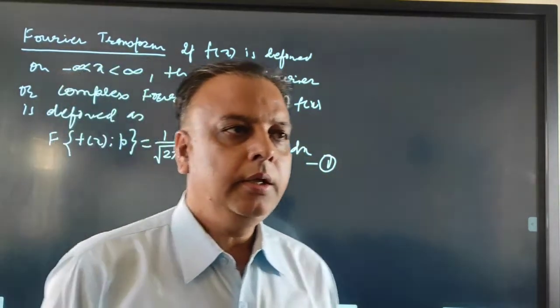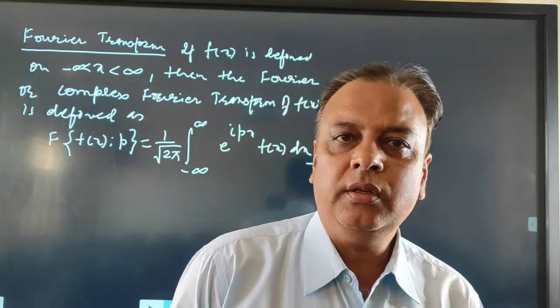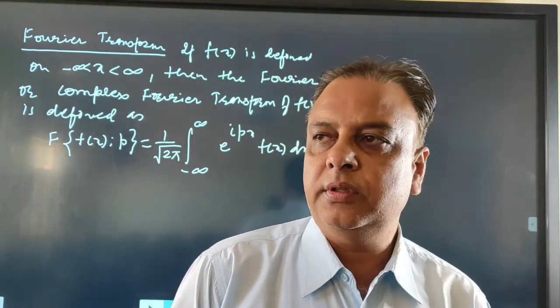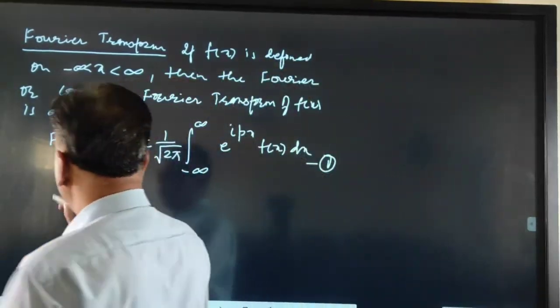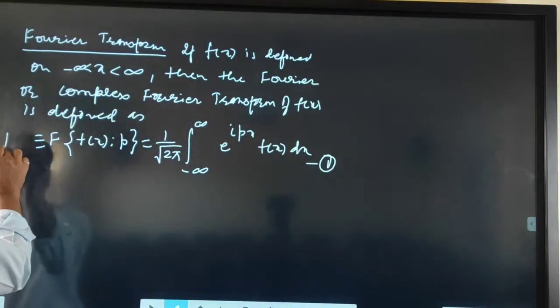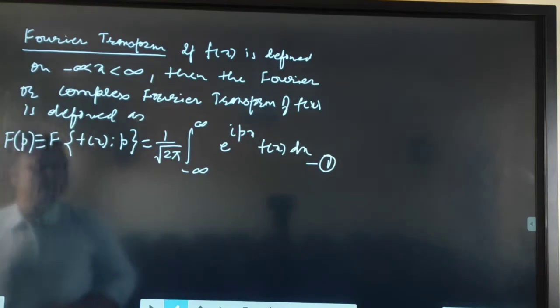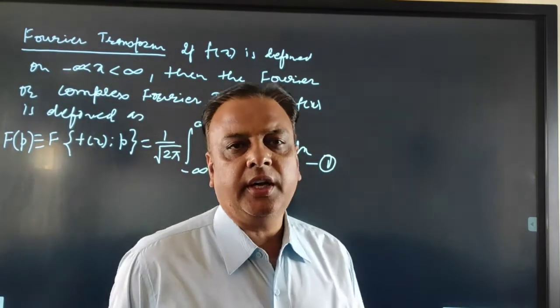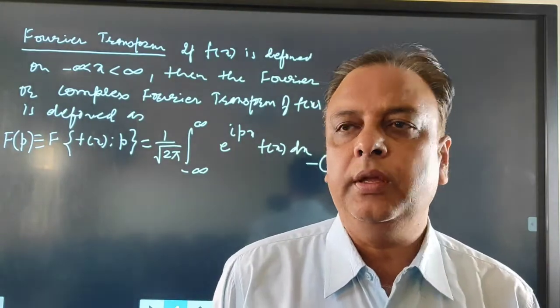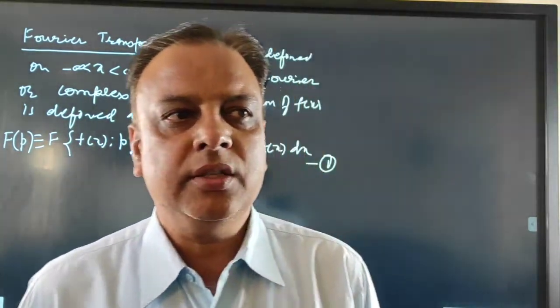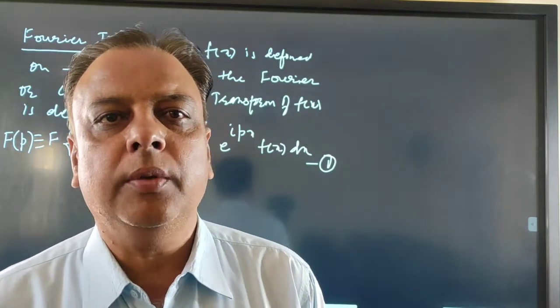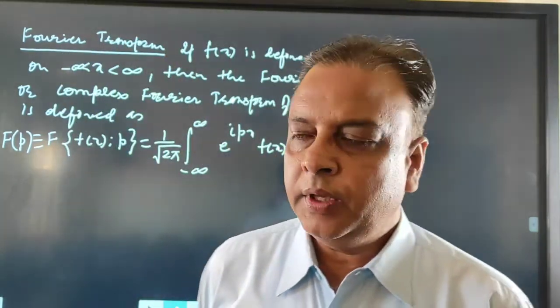We have defined the Fourier transformation of a function f(x) as the Fourier transformation of f(x). It is also denoted by F(p). So if the Fourier transformation of f(x) is F(p), then F(p) is equal to 1 upon root 2 pi integral minus infinity to infinity e raised to iota px f(x) dx.